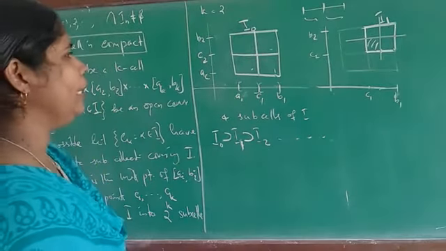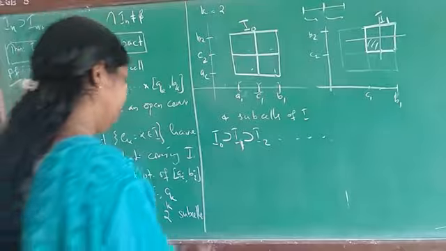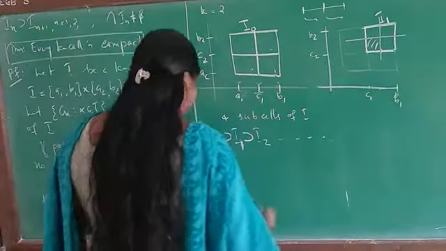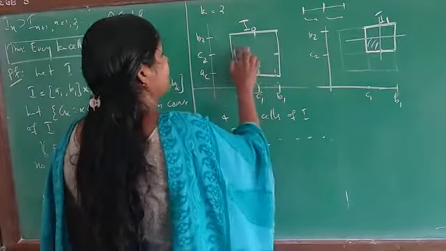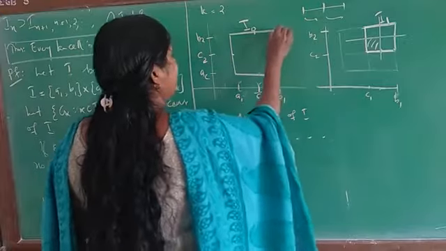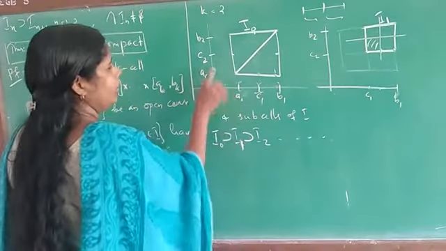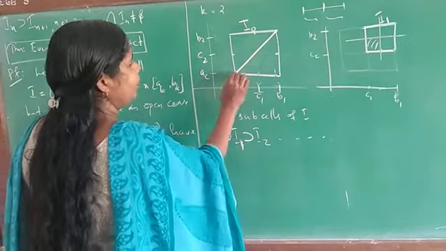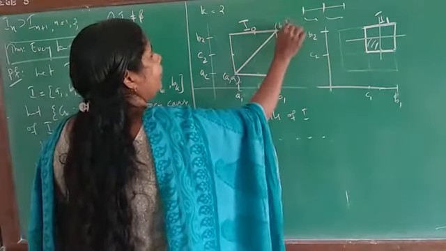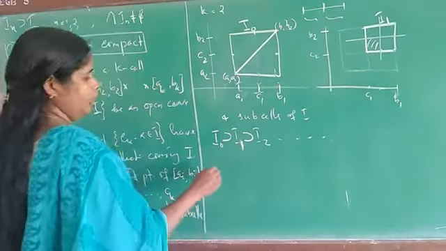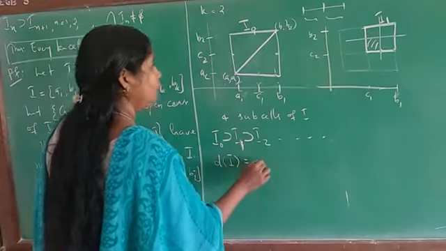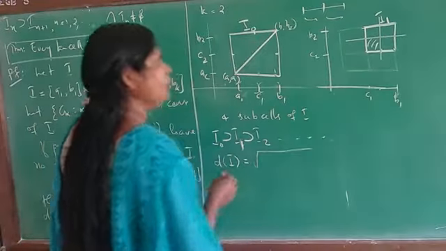One more property we can derive for these cells is, look at the diameter of this I0. The original cell is I0. The diameter of I0 is, if this point is A1, A2, and this point is B1, B2, the square root of what?